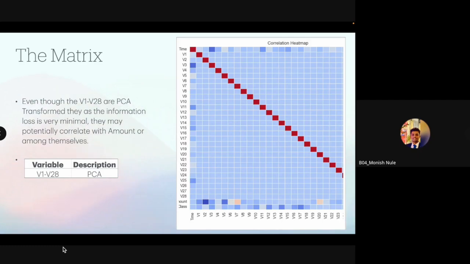Even though V1 to V28 are PCA transformed, the information loss is minimal because eigenvectors and eigenvalues are used, so they lose really minimal information. So this may potentially correlate with the amount or among themselves.